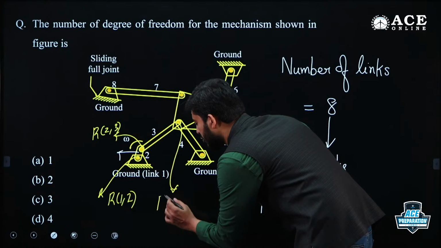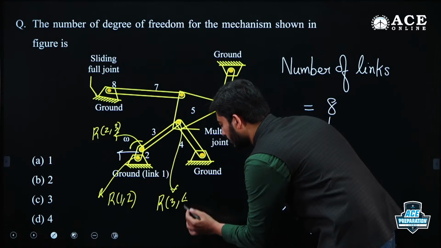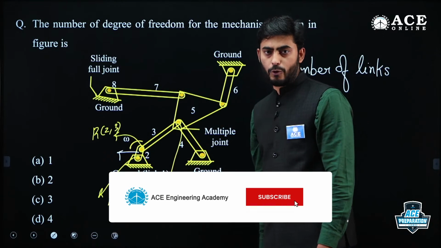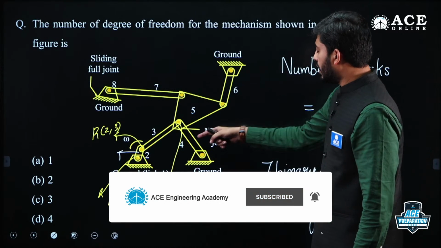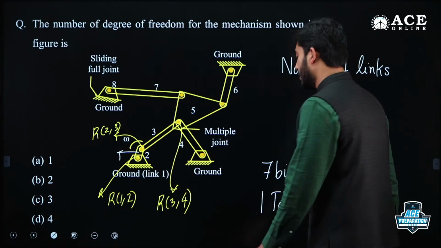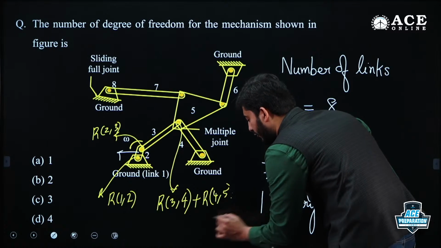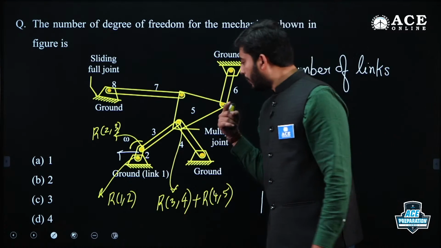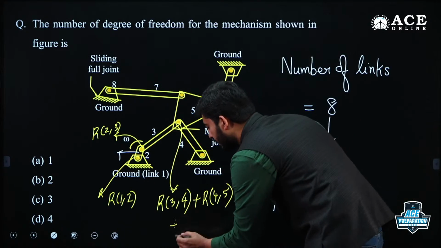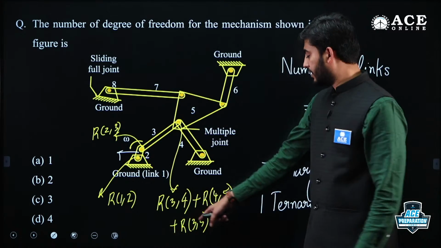One of the joints would be R3,4, revolute joint between link 3 and link 4. Similarly, there will be another joint between 4 and 5. Now, you may ask, sir, there will be another joint between 3 and 5. I am sorry to say this is wrong.